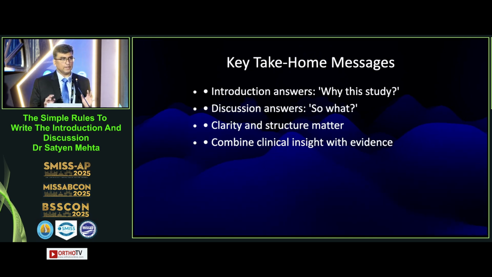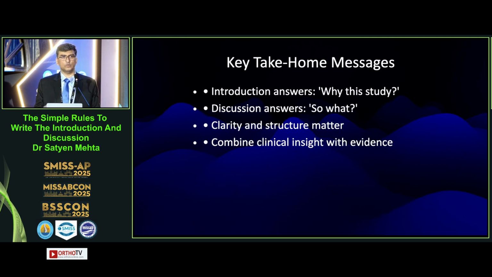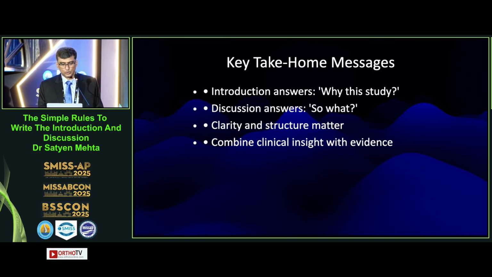So our take-home message here is that if you understand how your introduction and your discussion have to be done, then you will be able to make a very good paper, and that increases your chances of publication. Your introduction answers why you are doing this study, and your discussion will answer, so what, now that we have got these results, what is the next thing? If we combine all this, this is the best way to go forward.